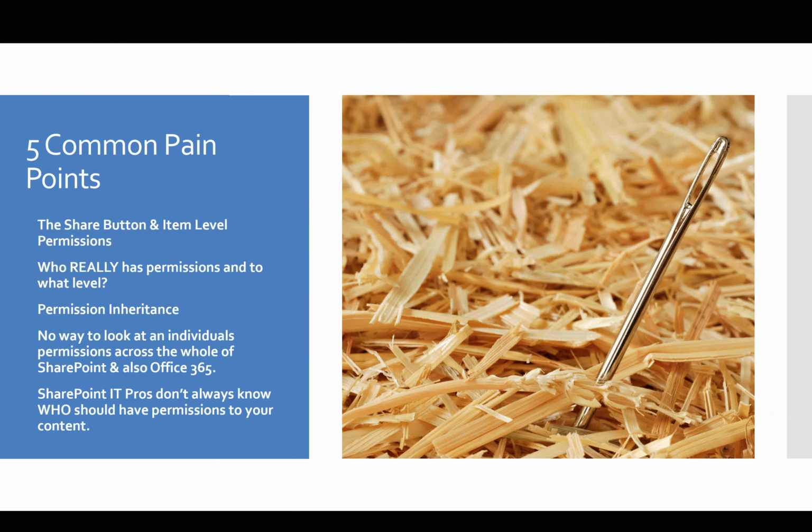If you're hunting around a little bit, you're wasting a lot of time just trying to get to that permissions page so you can check the permission inheritance on that document. That's not something you can really afford time to do when you've got thousands of documents.